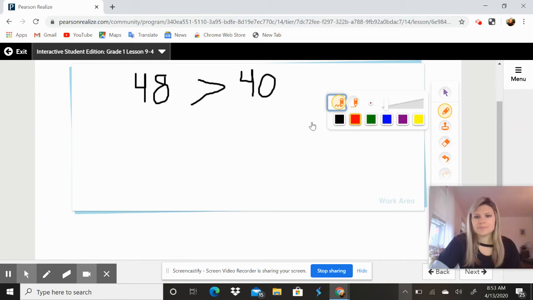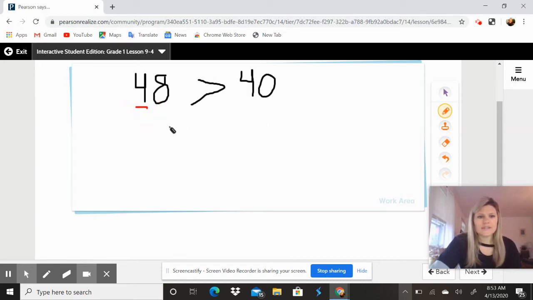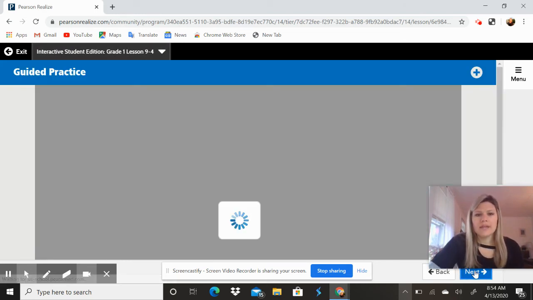Well, the tens are the same, 4 tens and 4 tens. But let's look here. The ones, there's 8 ones. So there are more ones here than there is in 40. So it wants to eat 48. Good job. All right.